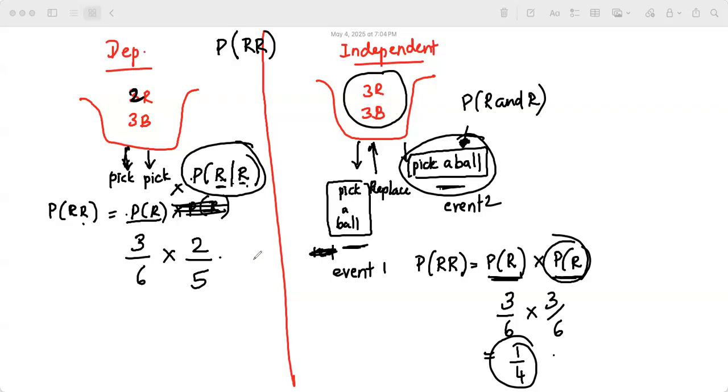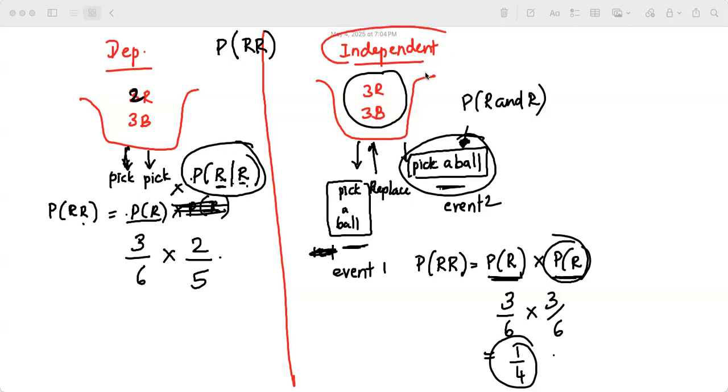Okay. So here, this is dependent probability. One thing is sometimes they may ask you, hey, find out whether this is dependent or independent probability.